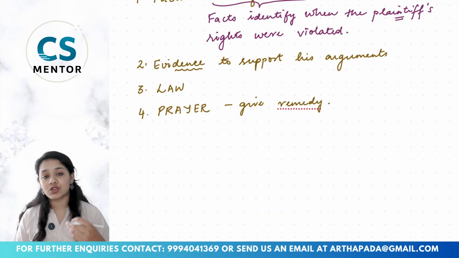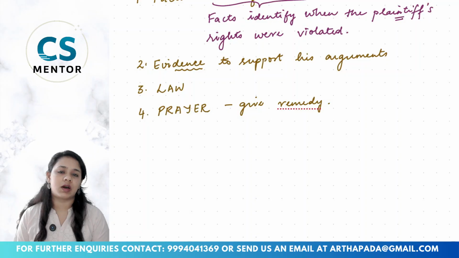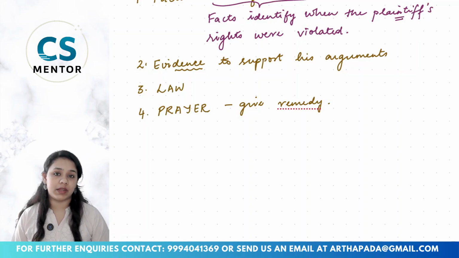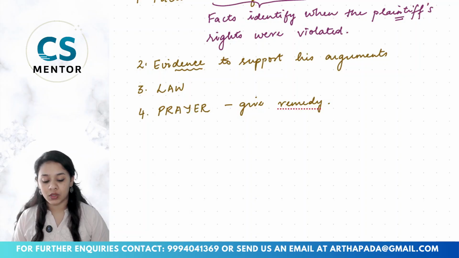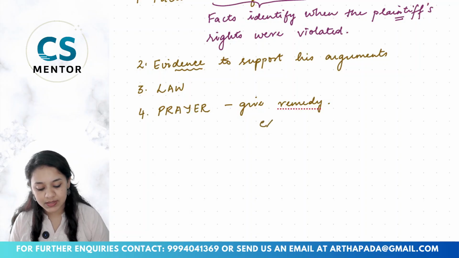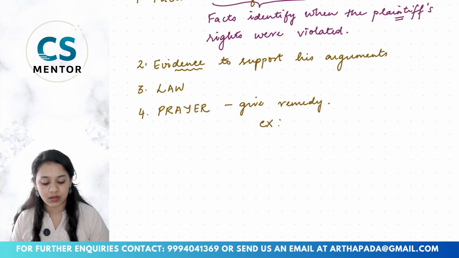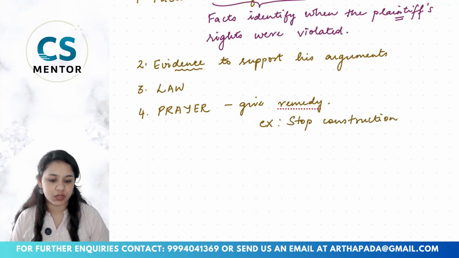Now, since Bhaskar has already dug up all of the land and there is already damage being done to the land, Arun might require that even money be paid to him in the form of compensation. So the example of some remedies that we can say here is one, put a stop to the construction, and the second remedy that he can ask for is money in the form of compensation.